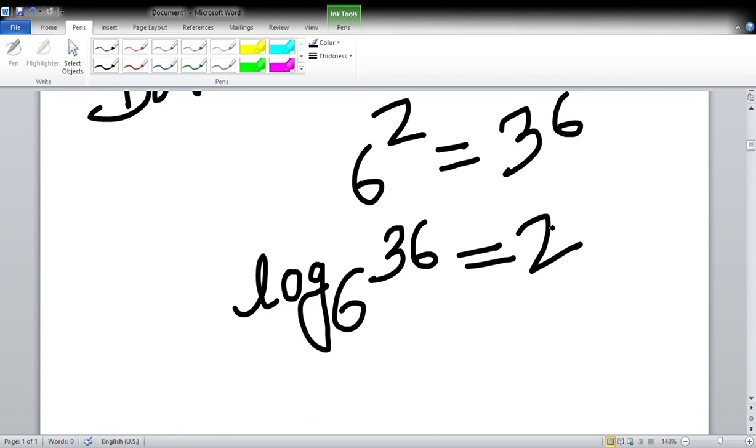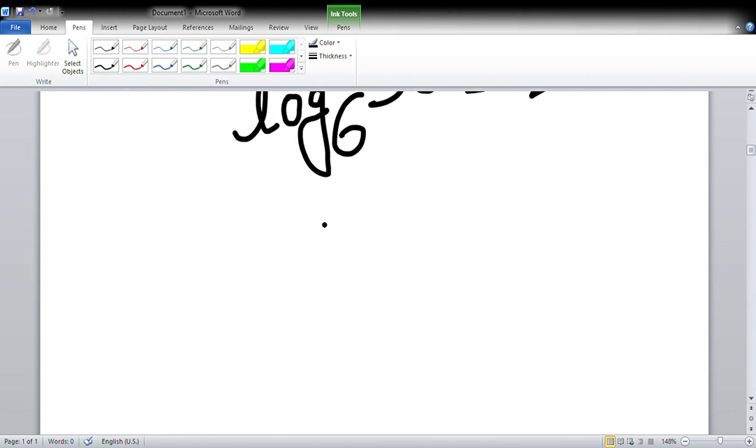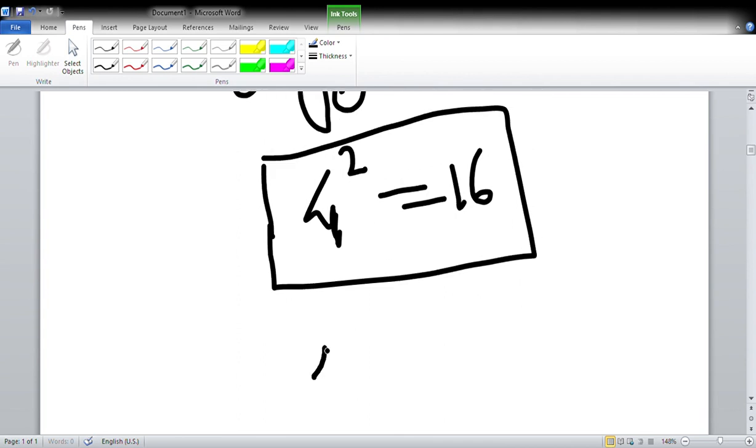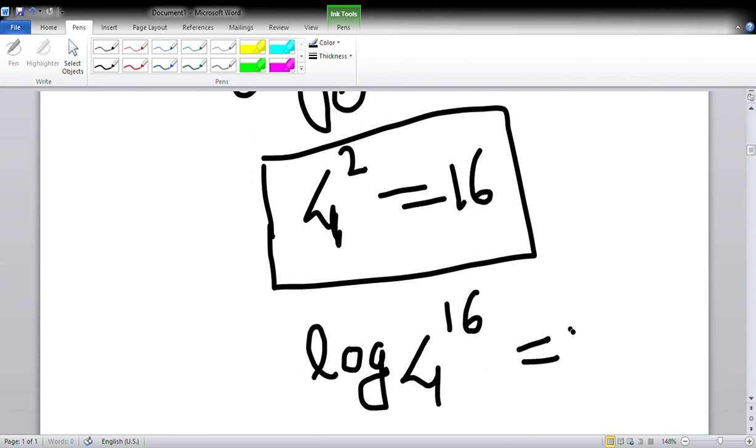Suppose again we write 4 to the power 2 is equal to 16. So it is written in an exponential form. If we are to convert in the logarithmic form, simply we write log of 16 with the base 4 is equal to 2, right?